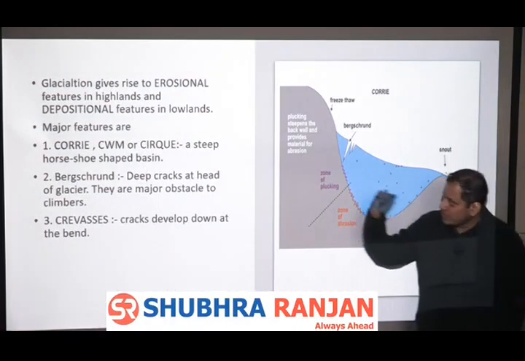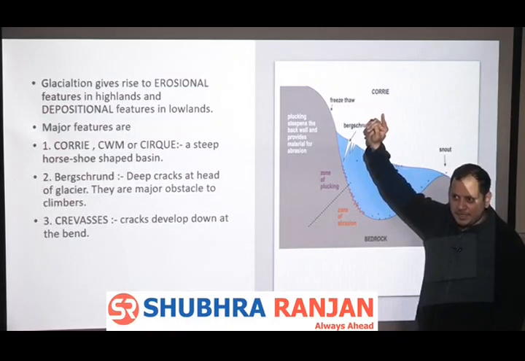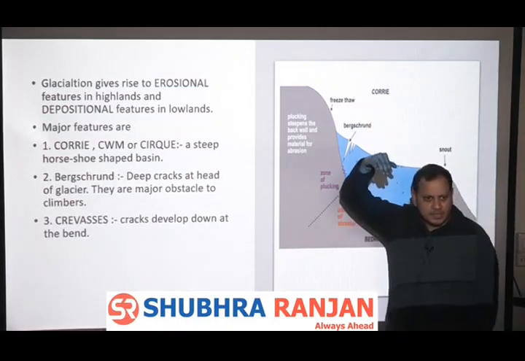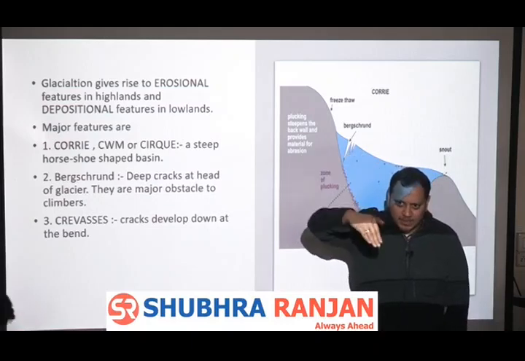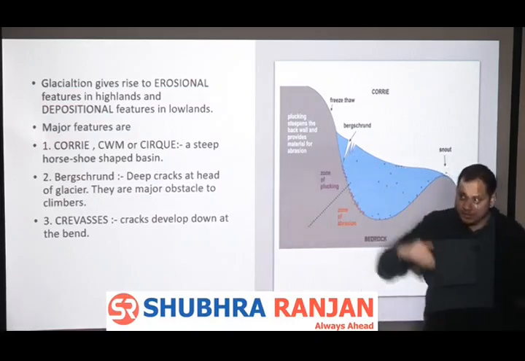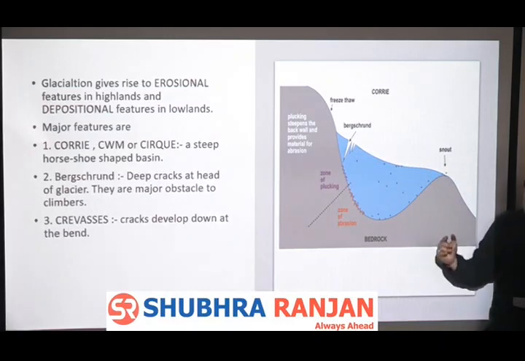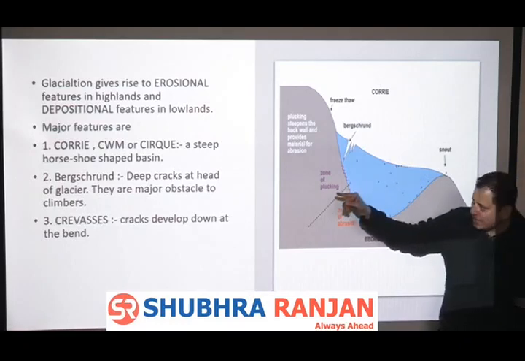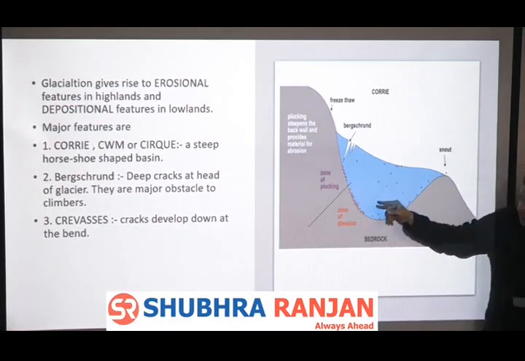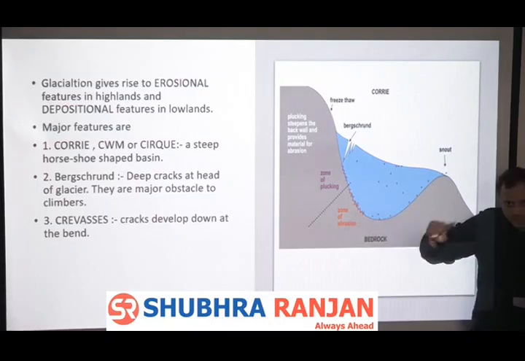See, glaciation gives rise to erosional landforms in the highlands. Highlands मतलब जहाँ पे mountains है, because like the river, glacier का speed is also greater, and जहाँ speed ज़्यादा है, what is the main work? Erosion or deposition? Erosion. Fine. And the depositional landforms in the glaciers. Major erosional landforms are Kori, Cwm or Cirque. एक ही है ये तीनों.